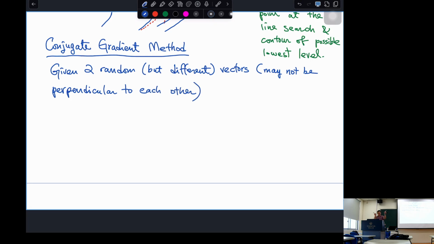So they are just two random vectors, and I'll give them names, D1 and D2.